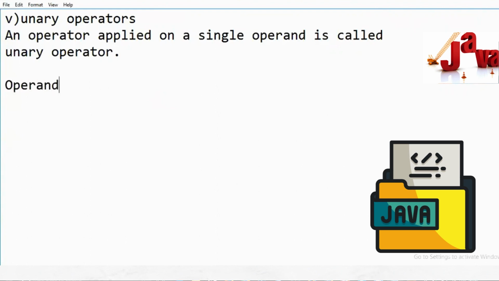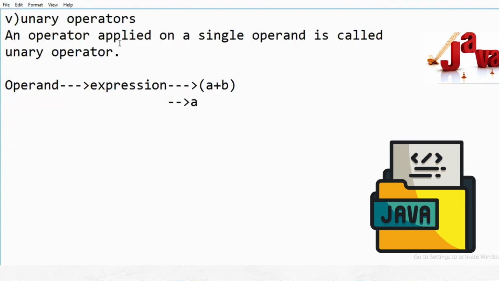Sometimes students keep asking me what is an operand. An operand can be an expression, something like a plus b, or it can be a variable, something like a, b, c, independent. Suppose a can be an operand, or this whole expression can be an operand. It can be an expression, or it can be an independent variable. That's what an operand is. Is this clear? So that's the idea about an operand.